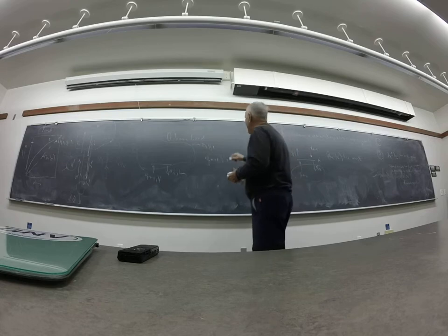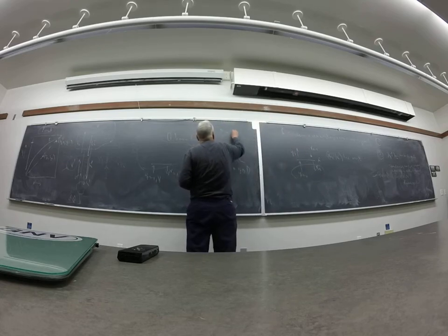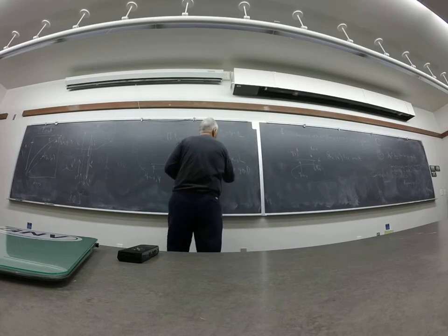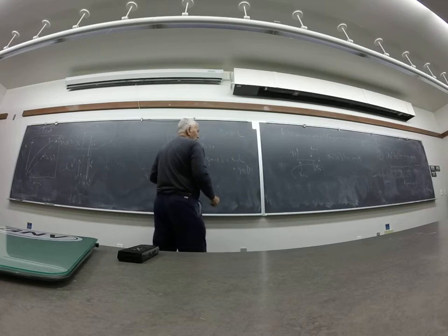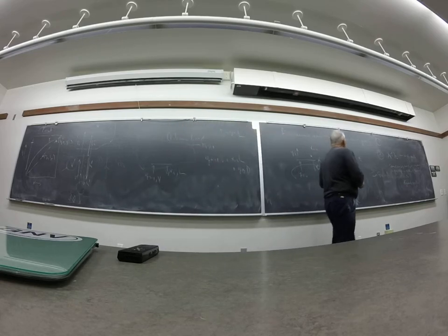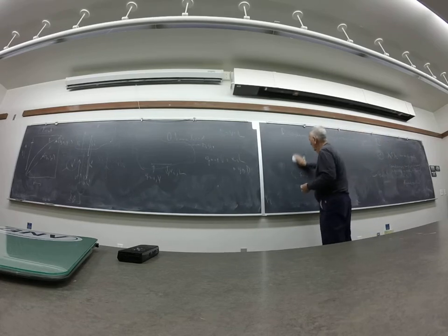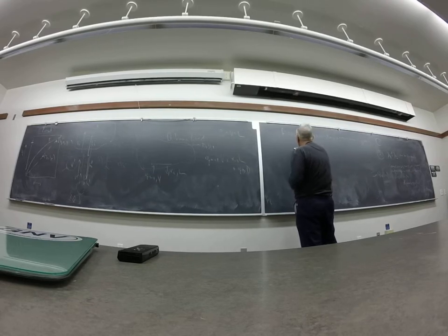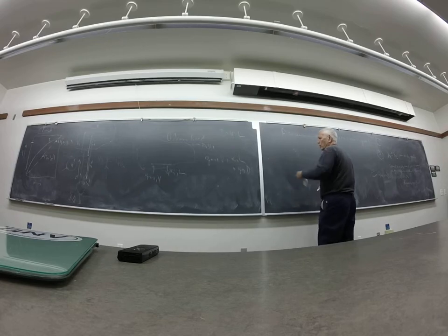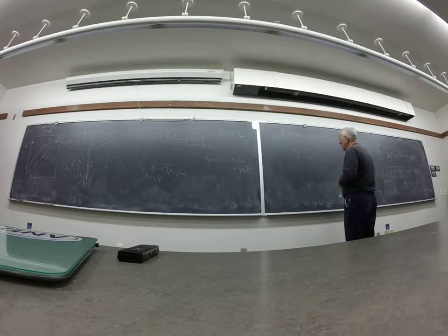I notice that D is equal to V minus L. I divide this by V, and I've got what I want. Here's what I want. I have y equals L over V x plus (1 minus L over V) y_D.